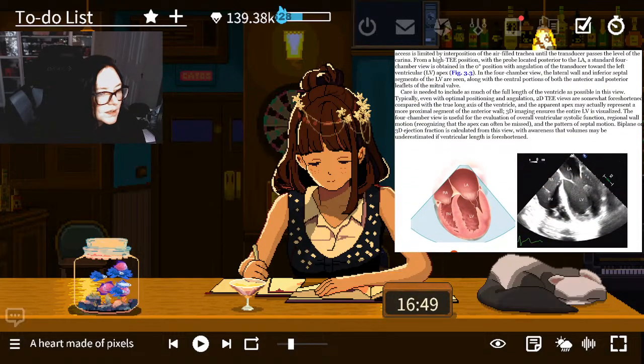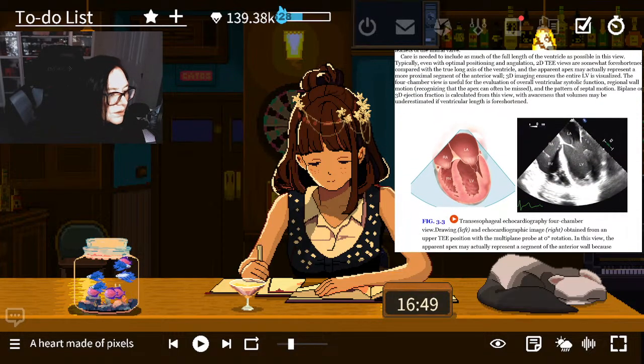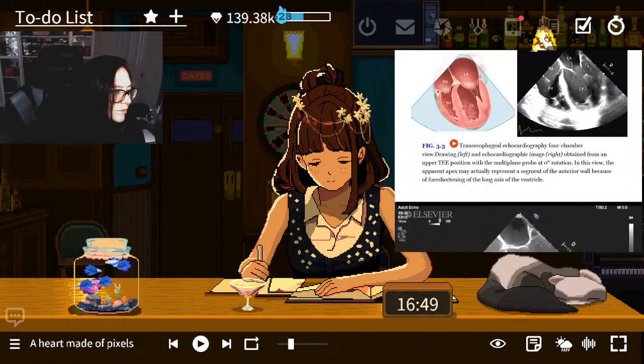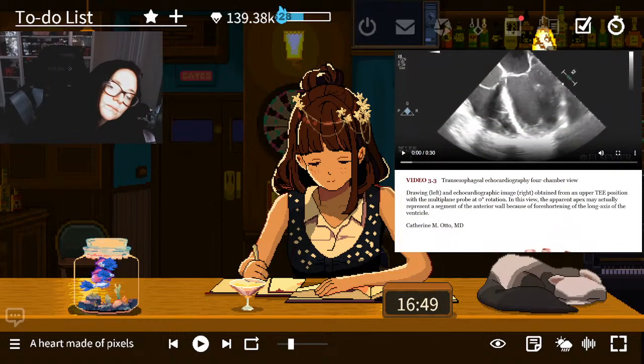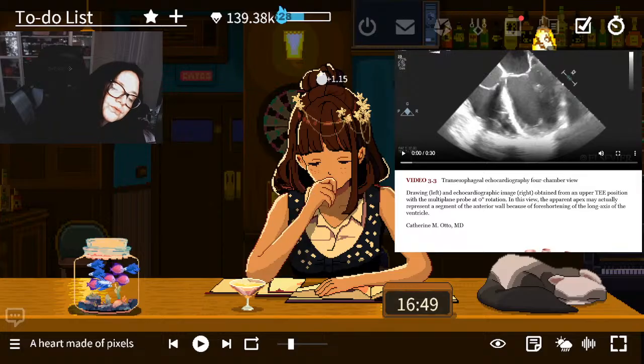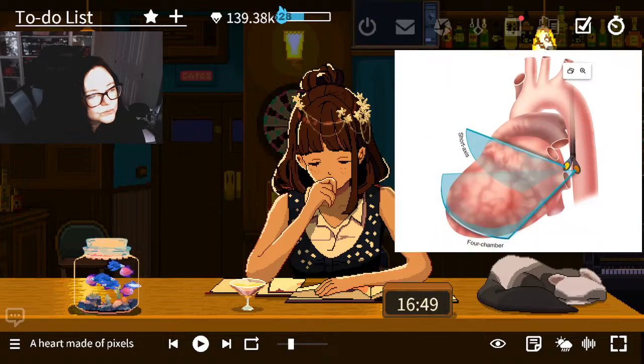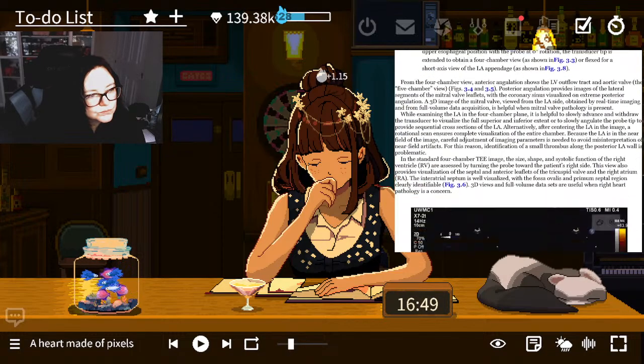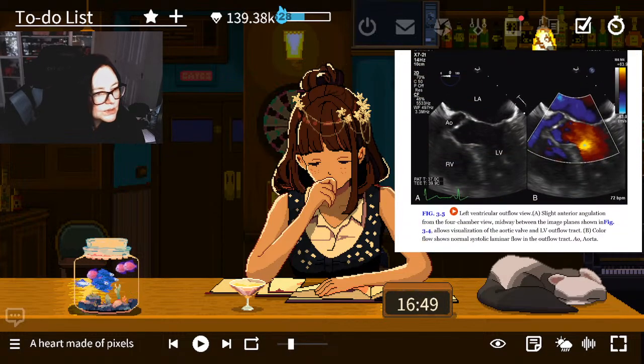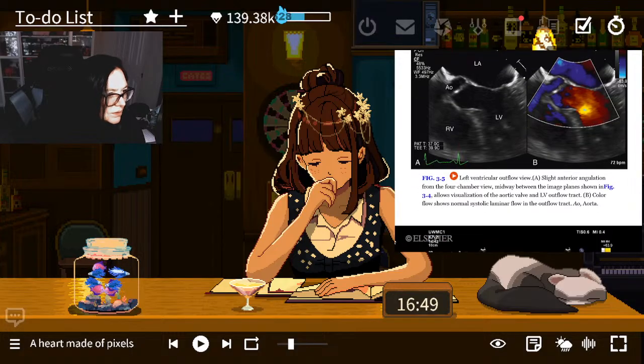Because that does not look like a valve. Four chamber is 0 degrees.